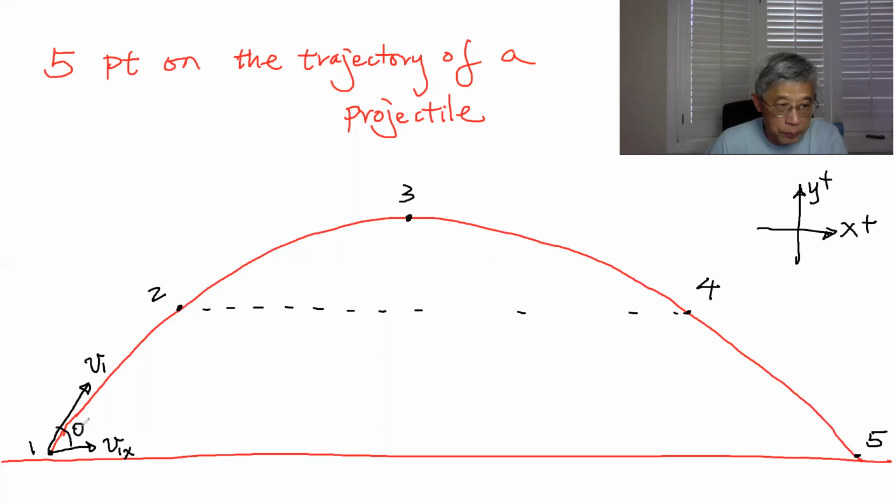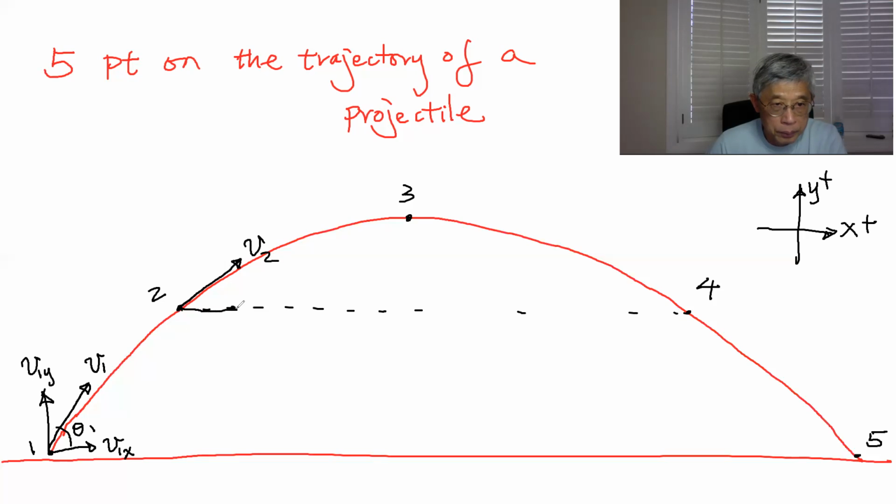This is theta 1, and the theta 2 is less. I'm going to call this one V1y, right there, and this one here V2.